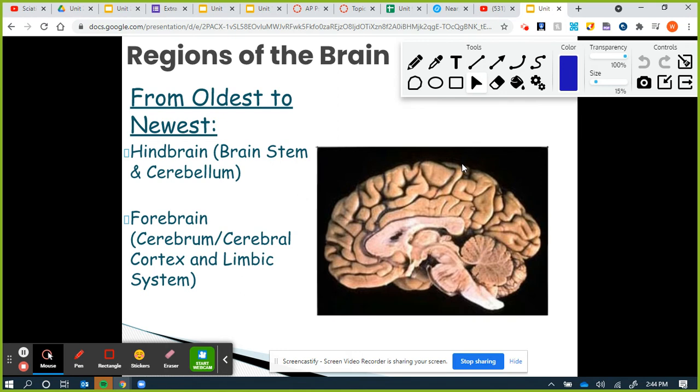All right, so structures of the brain. We're going to go from oldest to newest, meaning evolutionarily oldest to newest. We're going to go from the brain stem, which connects to the spinal cord, up to the outside layer of the brain, the cerebral cortex, or the cerebrum.